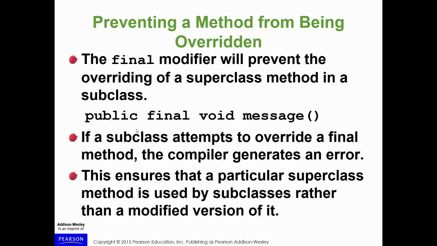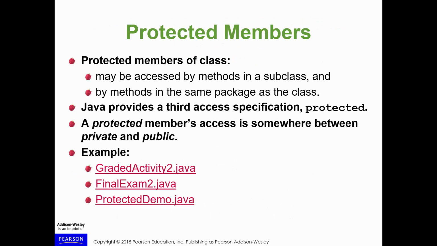If you say public final void message, then if a subclass attempts to override that method, the compiler will generate an error. This ensures that a particular superclass method is used by the subclasses rather than a modified version. The problem with that is sometimes you have to make a change to it. And by putting final, what you're saying is, well, you might have to, but I'm not going to let you.